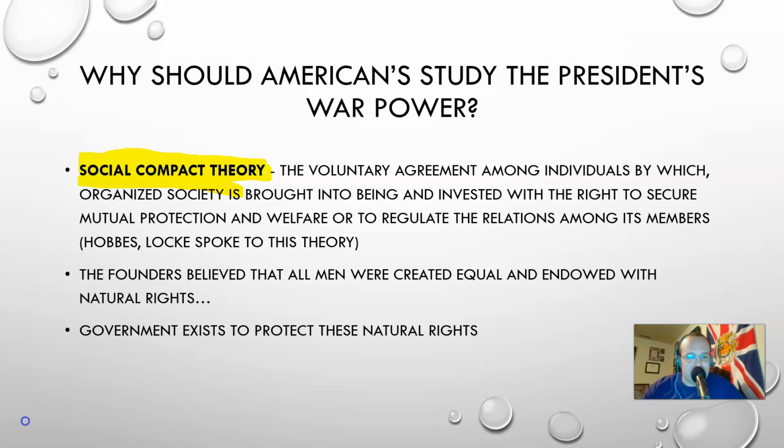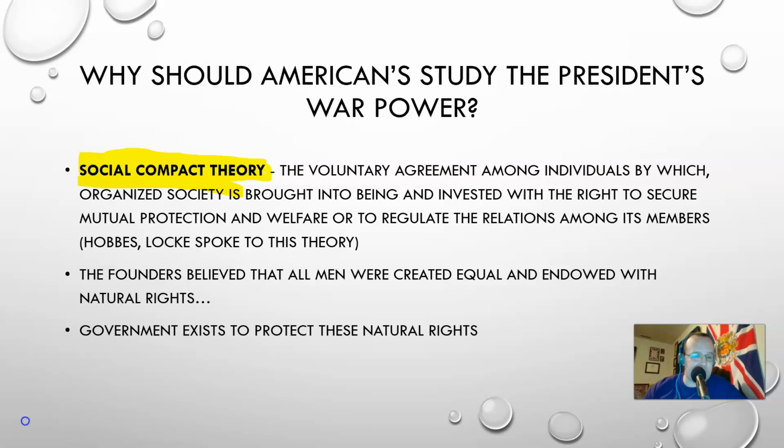You also have the right to organize for mutual protection, maybe through a police department or a neighborhood watch, and to regulate relations among its members. So how are we going to keep the peace in a society? That's a question we're trying to figure out right now.